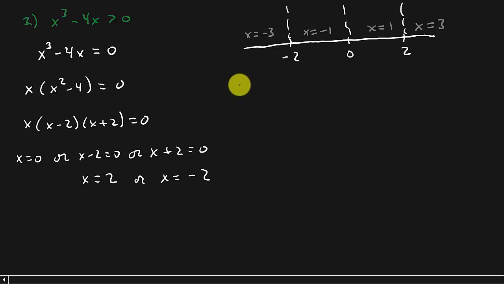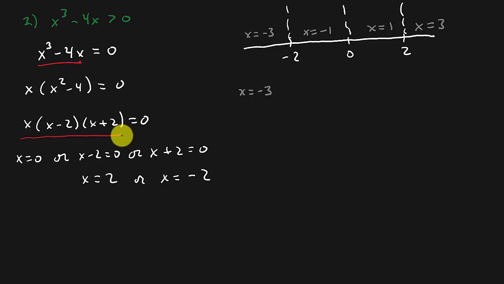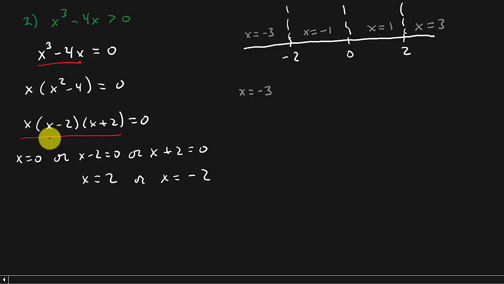All right. So now let's do x equals -3. So once again, we can plug it into this one, or, which I think is easier, plug into the one that's factored.